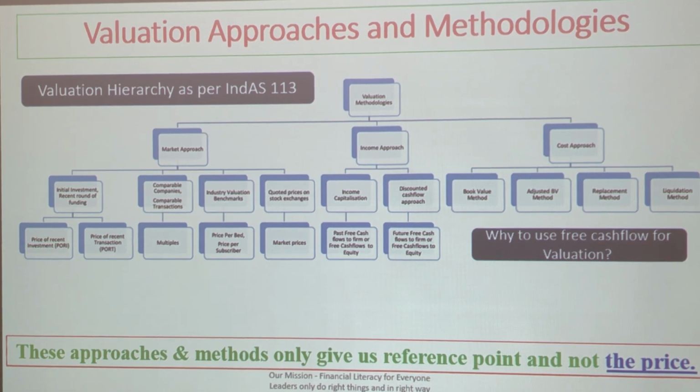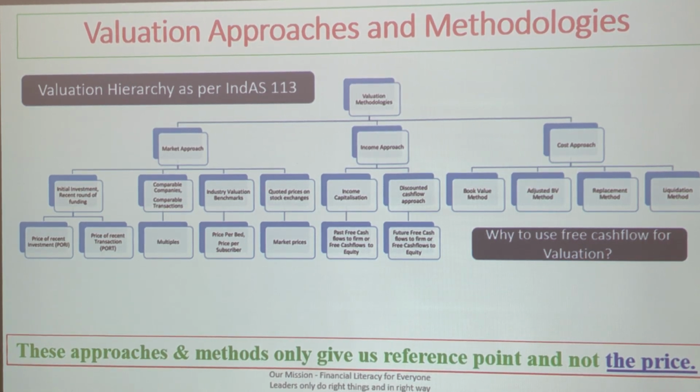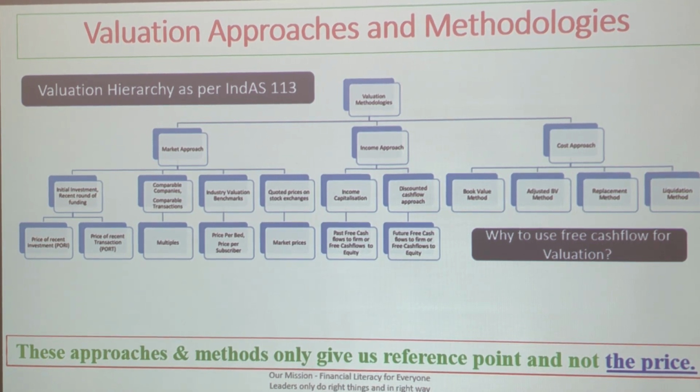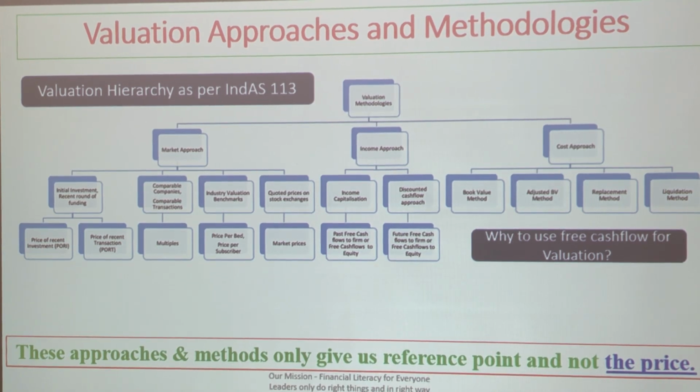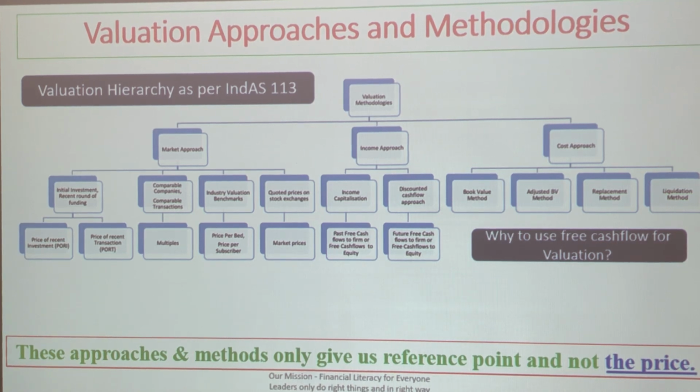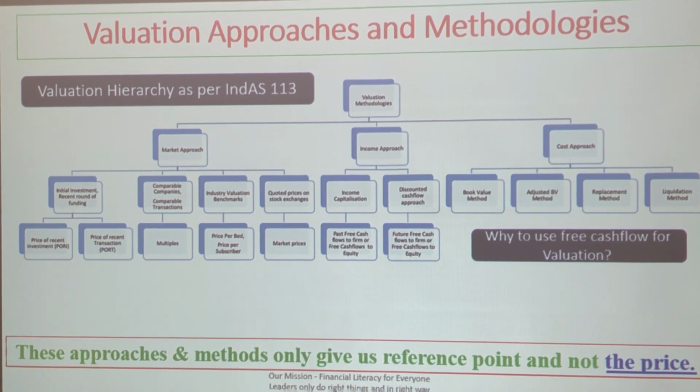So you will try and find out, based on the comparable method, what is the value per room in case of a hotel company, or in case you are trying to find out the valuation of a cement company, what is the value of a comparable company in terms of per ton capacity of cement, or in case you are doing valuation of power, likewise you can also use the per unit value of that company. So this is how you can use the multiples in case of the comparable method.